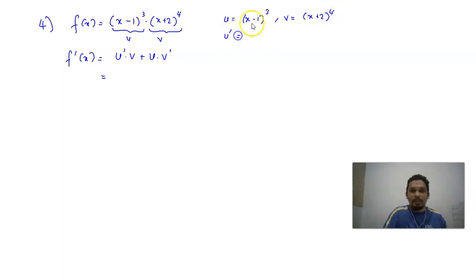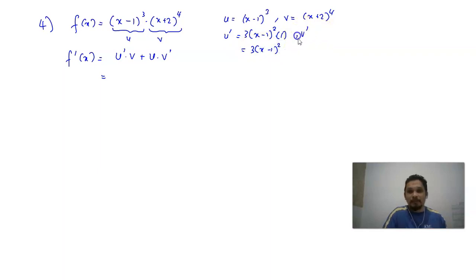Then u prime equals 3(x - 1), 3 minus 1 equal to 2, and differentiate x minus 1, multiply with 1. Then 3(x - 1) squared.